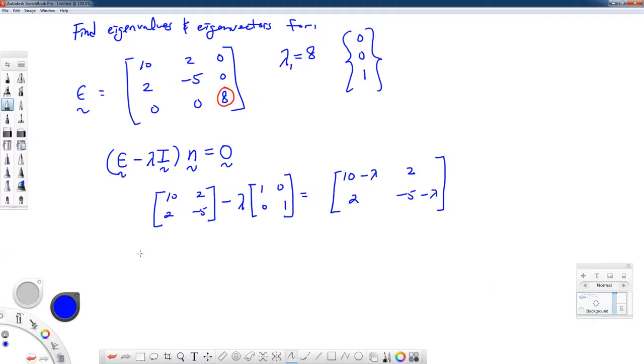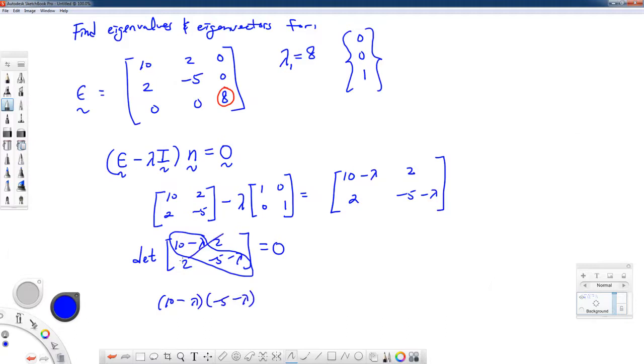So the determinant of that matrix, I'll write it one more time, has to be equal to 0. To evaluate a 2x2 determinant, we just take these two terms and multiply them together. So we're going to have 10 minus lambda times minus 5 minus lambda.